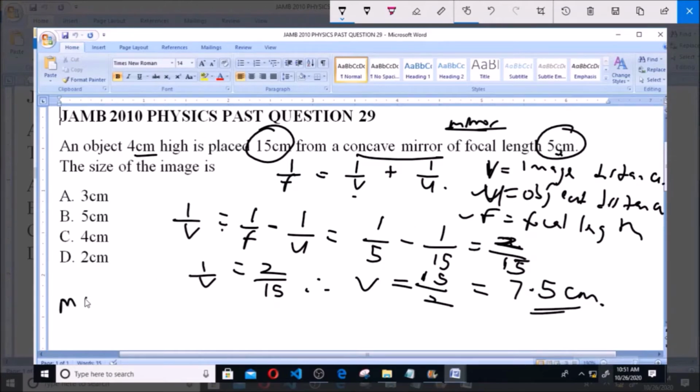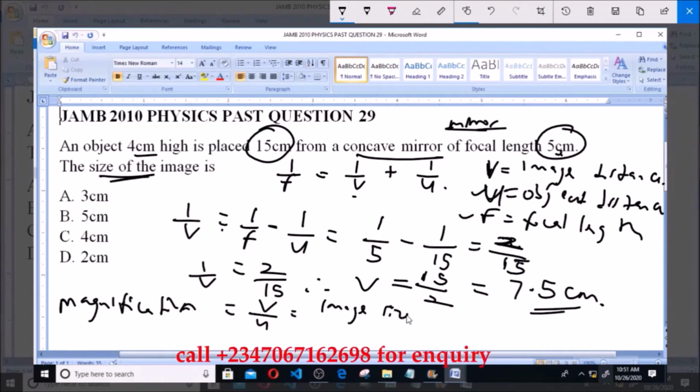Now magnification, to get the size of the image, you use the magnification formula, which is equal to v over u, that is image size over the object size.